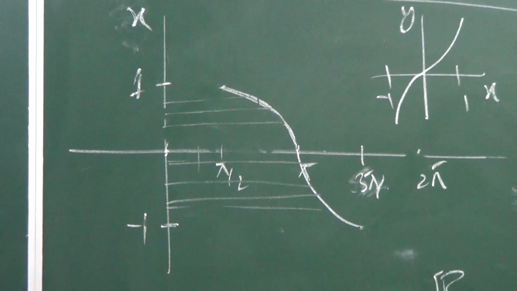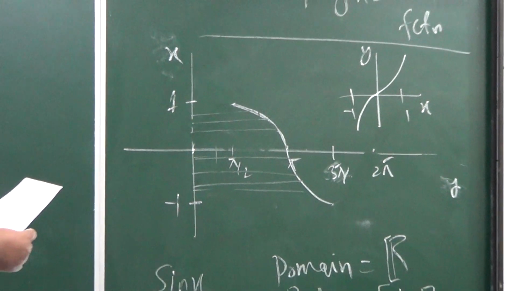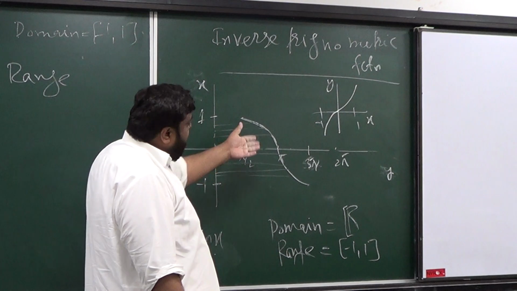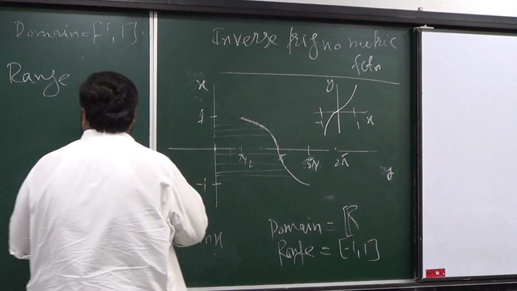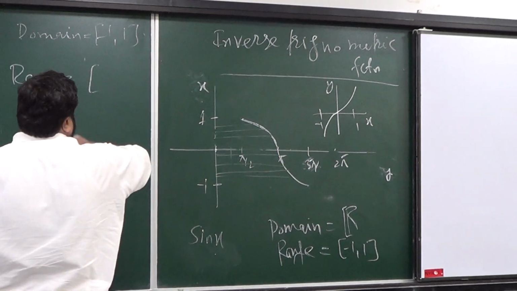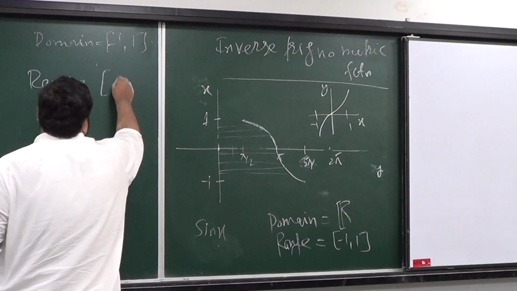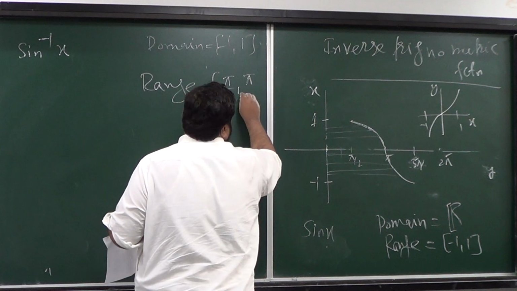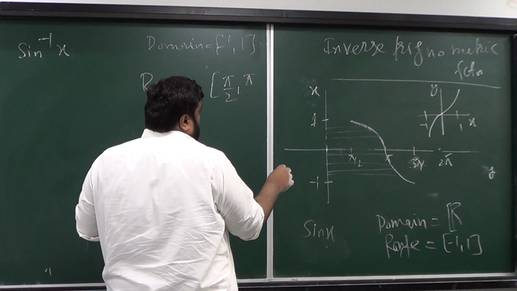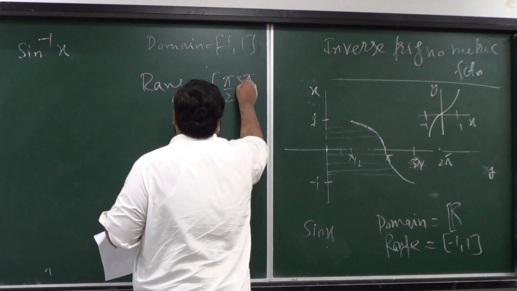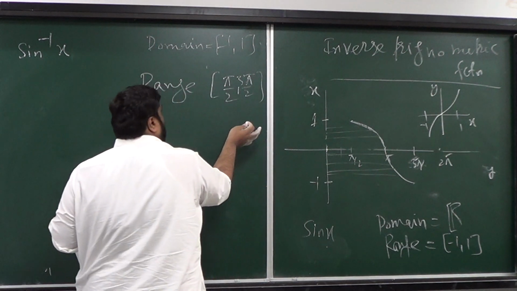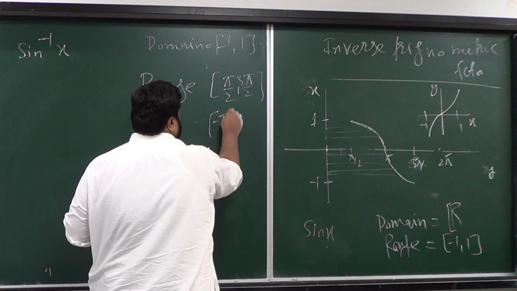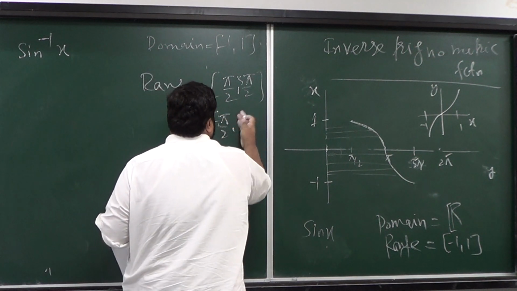This is between either pi by 2 to 3 pi by 2, or minus pi by 2 to plus pi by 2. It depends on where you want to look at it. In its current form it is between pi by 2 and 3 pi by 2, but by tweaking this you can also get the range between minus pi by 2 and plus pi by 2.